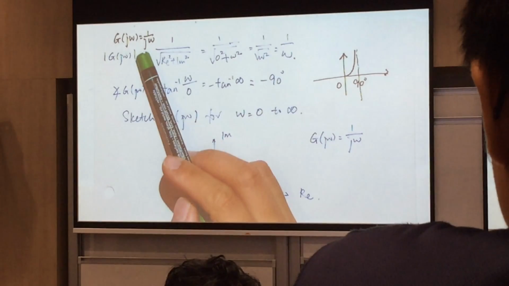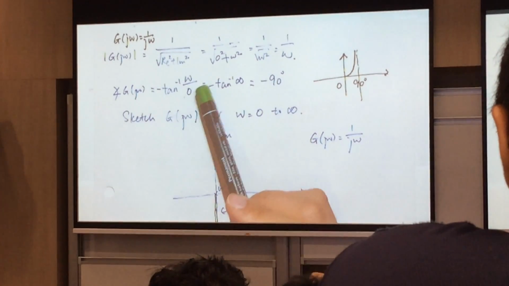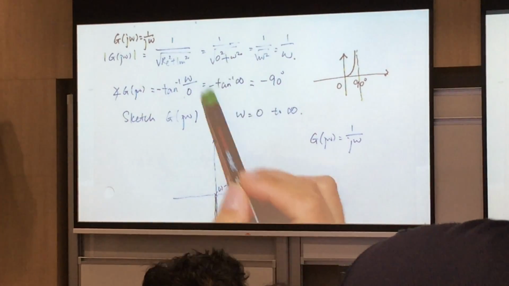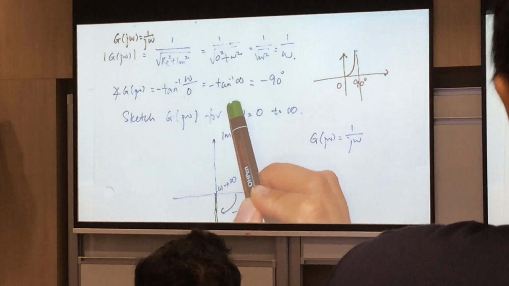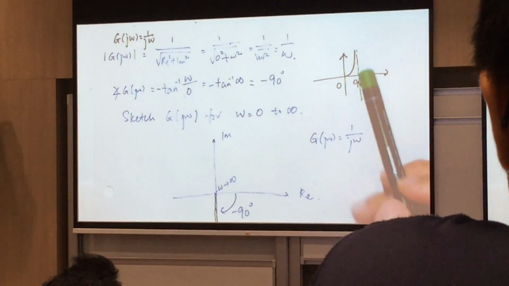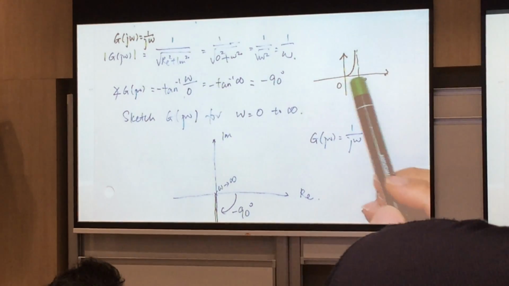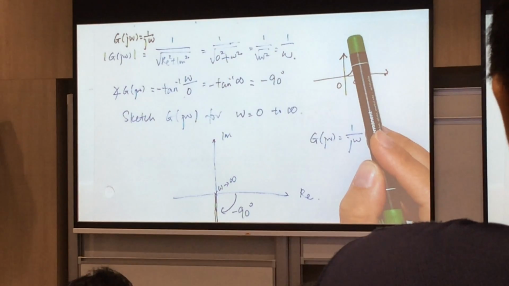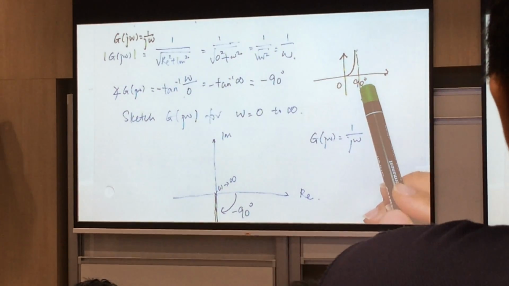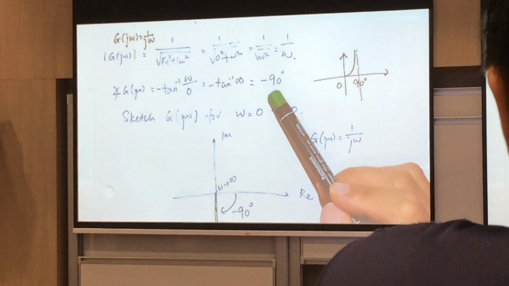And the phase is negative tangent inverse of imaginary over real part, so you have negative tangent inverse of infinity. I hope all of you can tell me that this is minus 90. Why? Because from the tangent diagram, tangent is infinity when x is 90. So negative tangent inverse of infinity is negative 90.